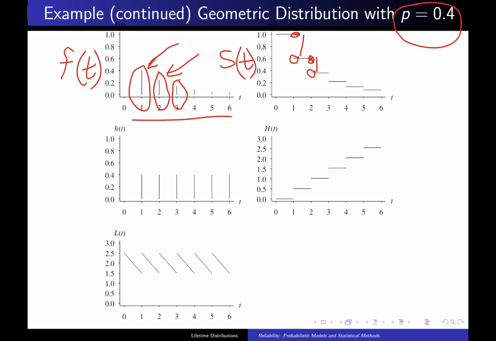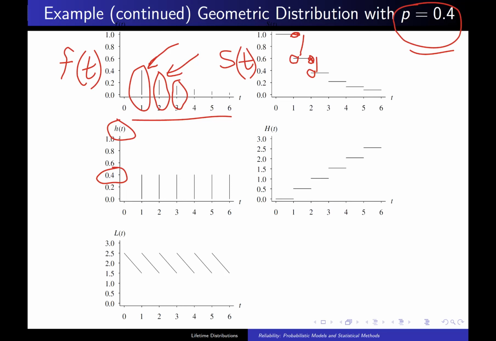The next one, the hazard function, always has a value of p, and since p is equal to 0.4 here, each one of these hazard function spikes is 0.4. That's the same as saying if this is a light switch, every single time you flick that light switch, there is an equal probability that it will fail on that particular trial.